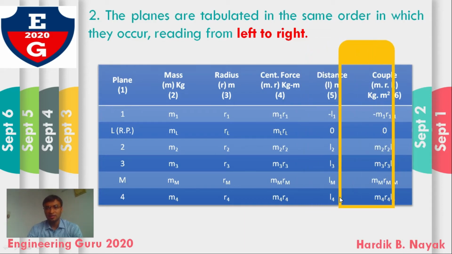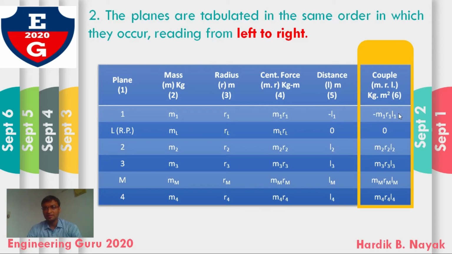And finally, this is couple, column number 6. Column number 6 equals column number 4 into column number 5. So minus M1 R1 L1, on reference plane L it is 0, on plane 2 that value is M2 R2 L2, and third M3 R3 L3, on plane M it is MM RM LM, on plane 4 it is M4 R4 L4.